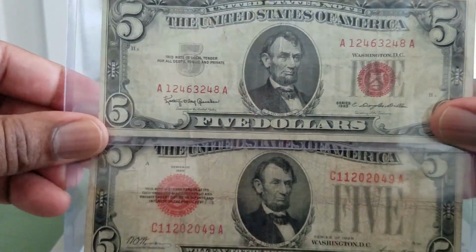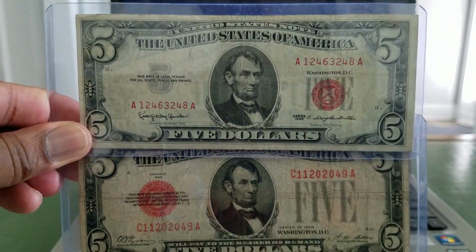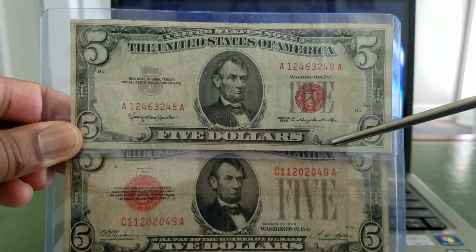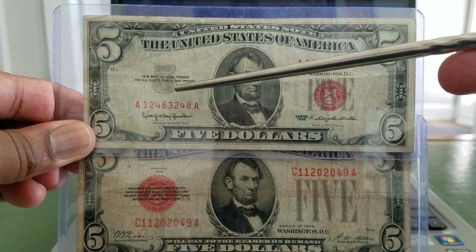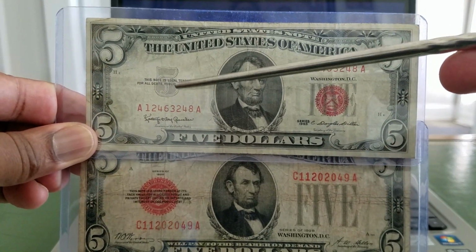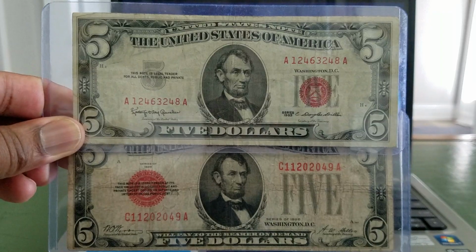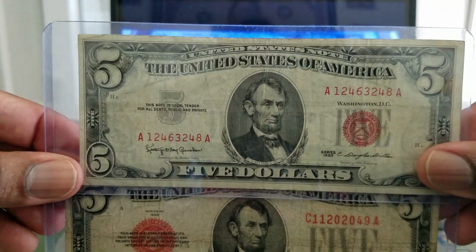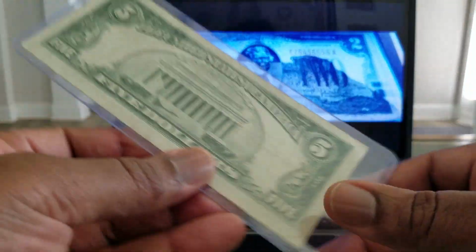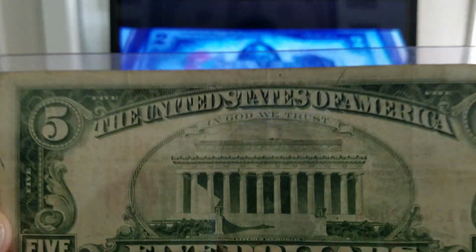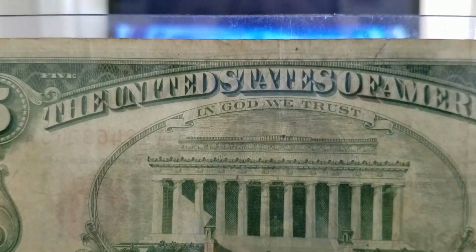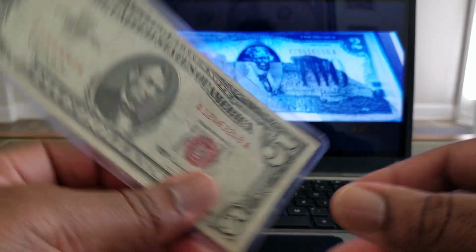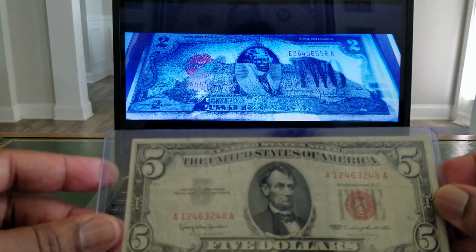And you see that the treasury seal went from the left side to the right side. And there's that number added up there on this note. But another major thing about this note right here is that on the back, the motto, "In God We Trust," was added to this note on the 1963 series. And that was across all denominations.